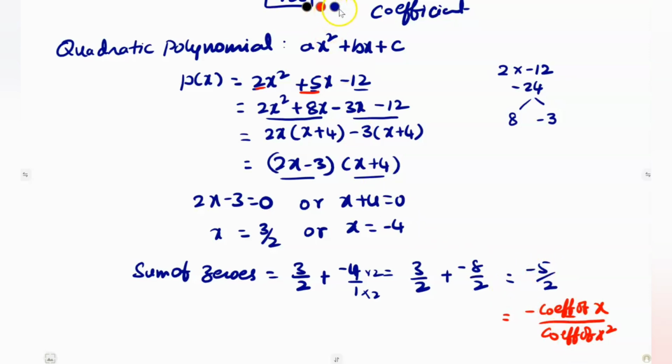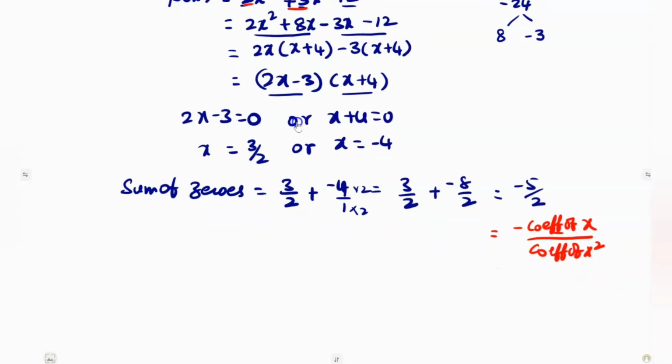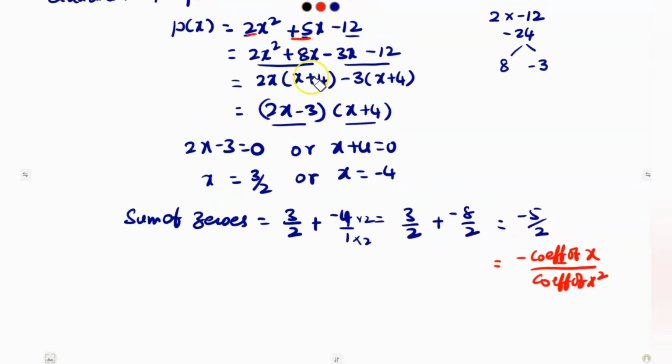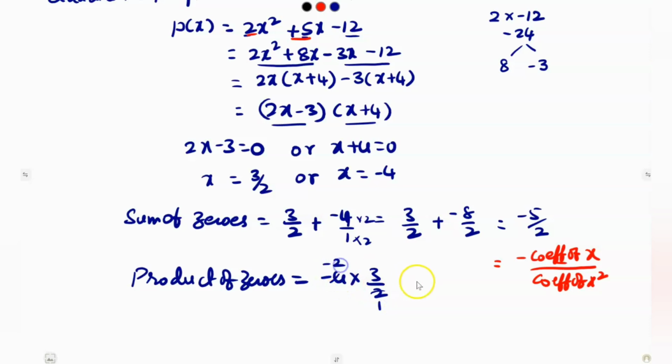Now let us see the product of zeros. If we multiply the zeros, minus 4 multiplied by 3 by 2, on simplification you will get minus 6 by 1, which we can also write as minus 12 by 2.